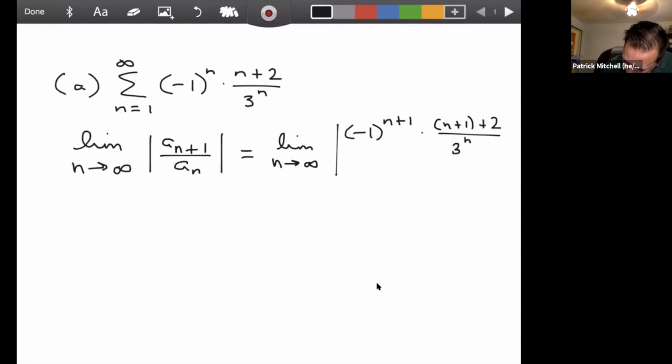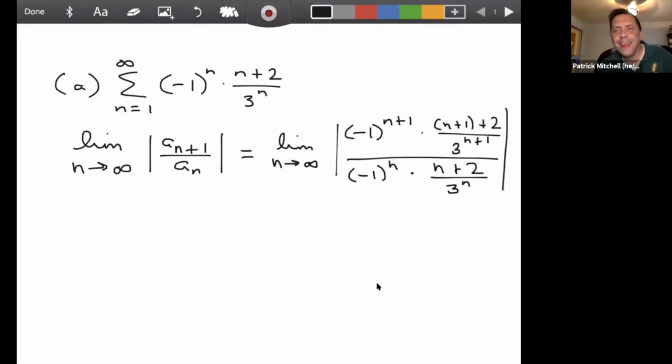Okay, 3 to the n plus 1. And then we're going to divide that by negative 1 to the n times n plus 2 over 3 to the power n. Okay. All right, so when you divide negative 1 to the n plus 1 by negative 1 to the n, you have one more factor of negative 1 upstairs than you do downstairs, so that's just going to leave a negative 1.